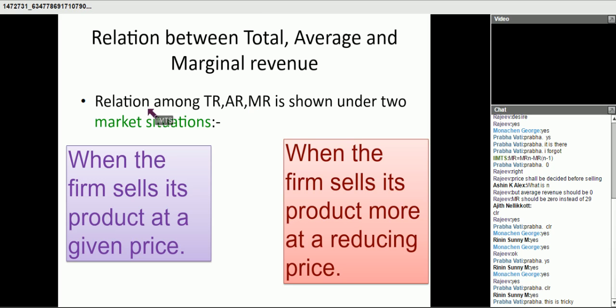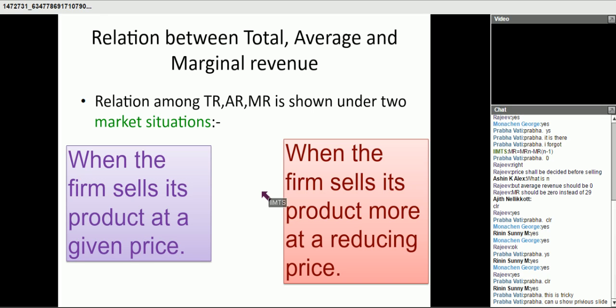Alright, now next is the relationship between total, average and marginal revenue. Now what is the relation between the two? Now there are two things in this. The first is when the firm is selling the product at a given price. The given price, what is the meaning of this? Who gives this price?